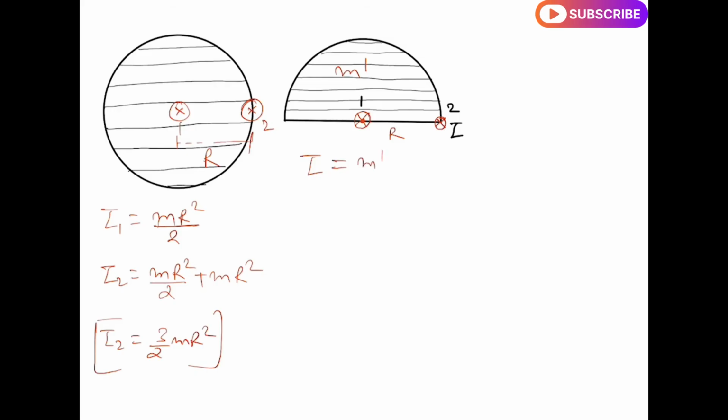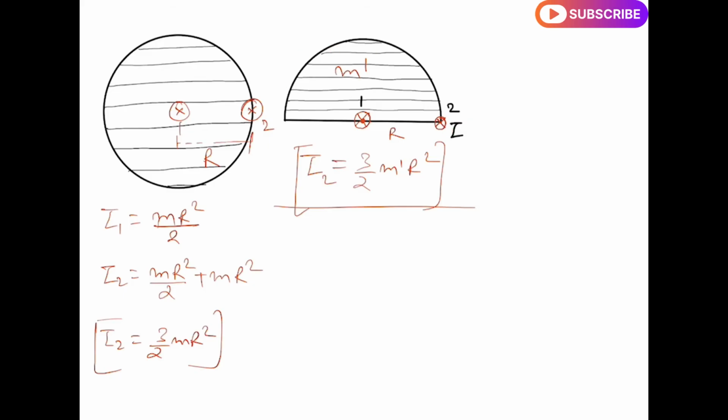So the formula would be 3 by 2 m dash r square, and this formula will remain the same as it was for the complete disk. Now we can cross check this formula also. So let us derive this value of I2 for this half disk by some other method.